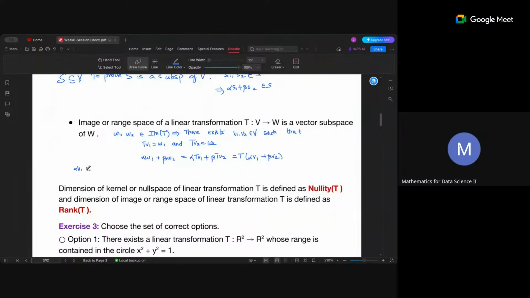Alpha V1 plus beta V2. You know that V1 and V2 belong to V, and V is a vector space. So, this also belongs to V. And this is a pre-image of this. So, image of T is a subspace of W.